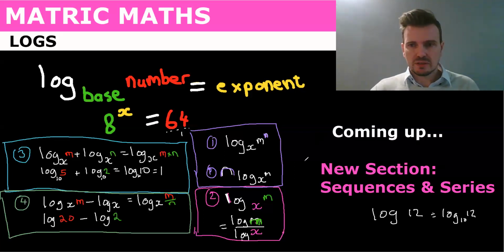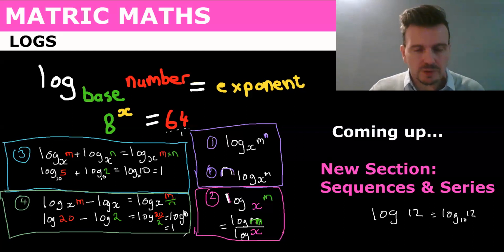We would get log, and remember, there's a default 10 here, which I'm not going to write, of 20 divided by 2, which is going to be, again, log 10, which is 1.